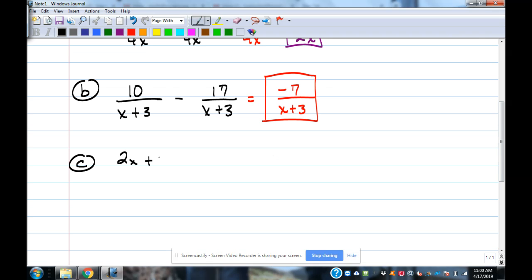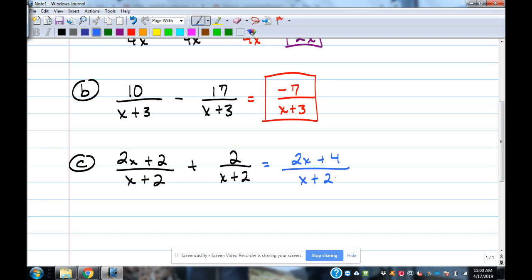Let's take an easy one. 2x plus 2 over x plus 2 plus 2 over x plus 2. So yet another one where the denominator is already the same. So we just add the numerators, right? What parts of the numerators do we add together? 2 and 2, right? That's the like term. So that'd be 2x plus 4 over x plus 2.